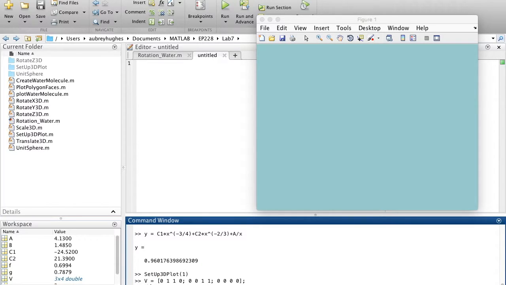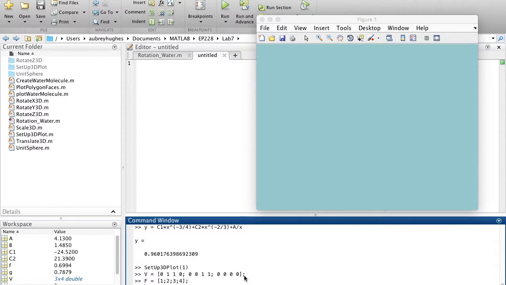And F is just a matrix that tells you which points get connected. So say 0, 0, 0, which is your origin, that's point 1. So column 1 is point 1. And to make a face, you want point 1 to be connected to point 2, to point 3, to point 4.